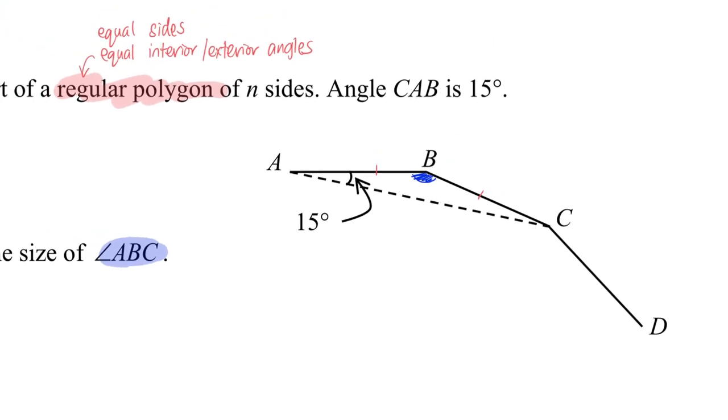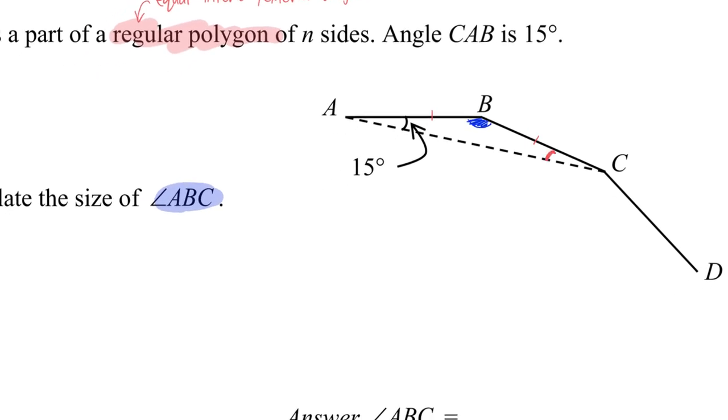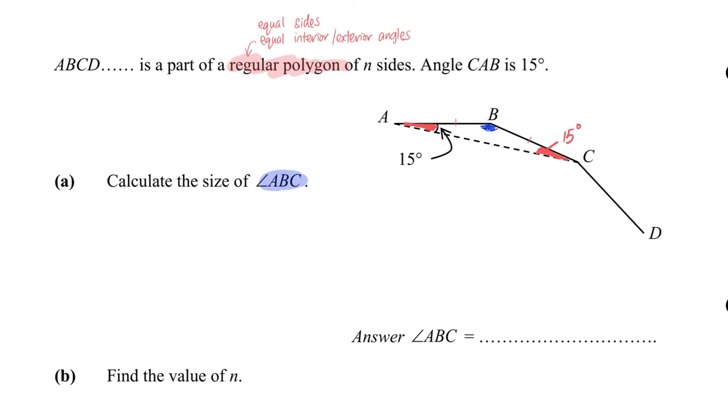So this is an isosceles triangle, which means that my angle BCA and my angle BAC are the same. This is also 15 degree. Okay, so that will be useful to know. Alright, so they are base angles of an isosceles triangle.